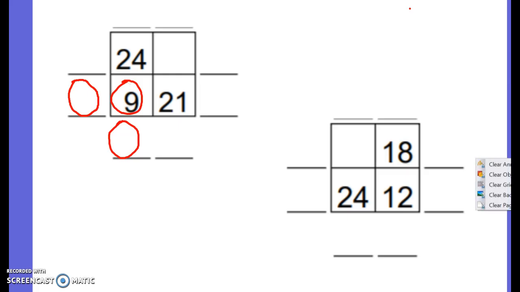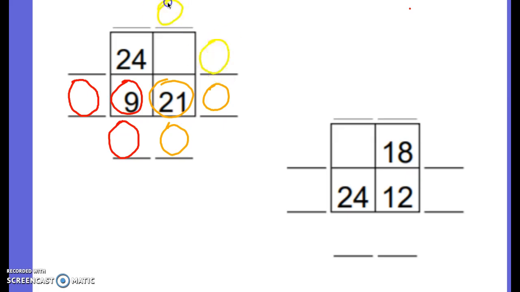Same with, I'll do a different color, this number and this number should equal this number when they're multiplied together. I'll do a different color to show you the other one. This one times this one should equal this one, and this one times this one should equal this one.